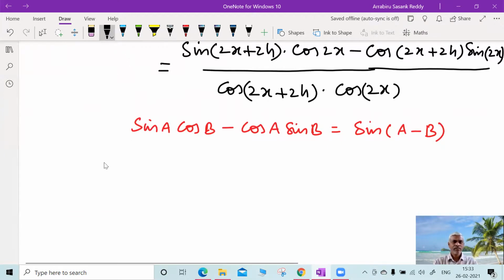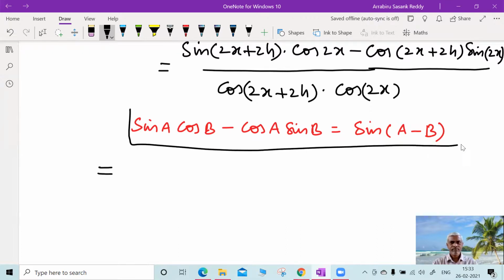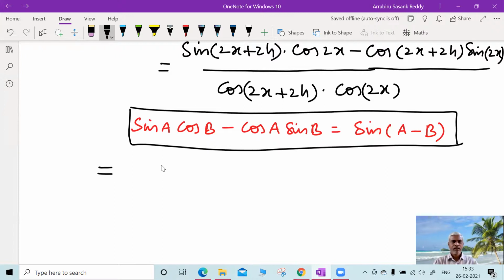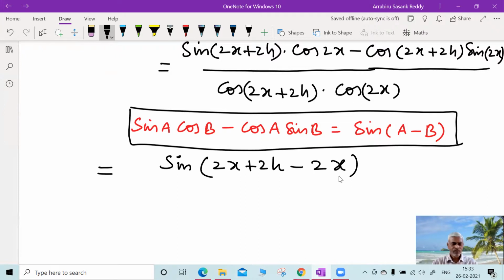So using this, the numerator can be written as sin of A, 2x plus 2h, minus B, 2x.